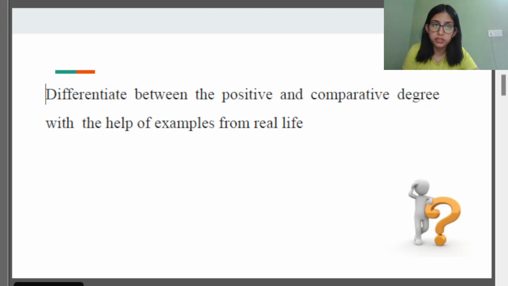So this was the example which you will also be using. You will also be giving us certain examples using real life objects. So I will be giving you 2 minutes for that.